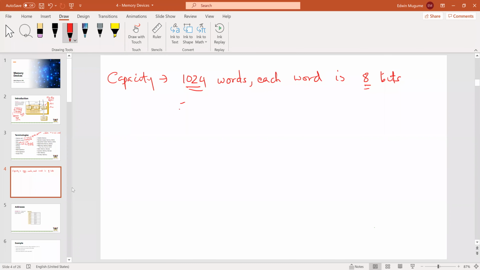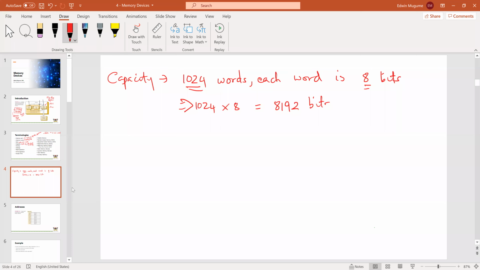So our capacity is in fact 1024 times 8, which is, let me see, 8192 bits. That is how you describe your capacity.